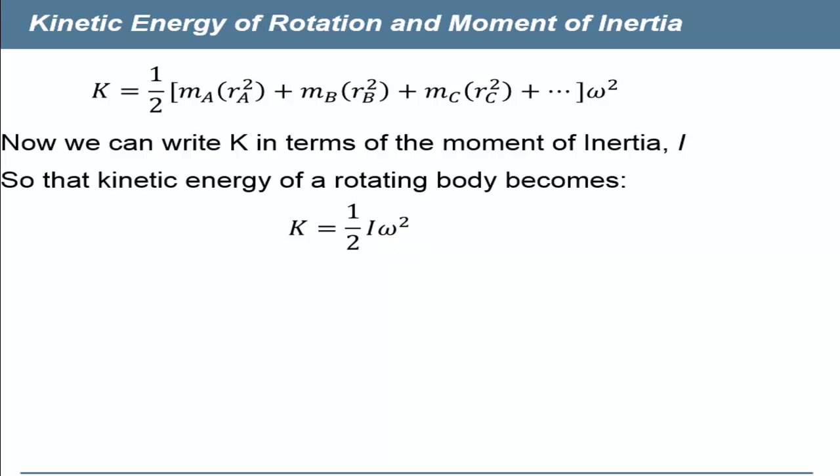But essentially, the form is the exact same as the form we had for kinetic energy for linear motion. We're just replacing the mass with the moment of inertia and the velocity with the angular velocity. But K is equal to 1/2 I omega squared is your kinetic energy of a rotating body.